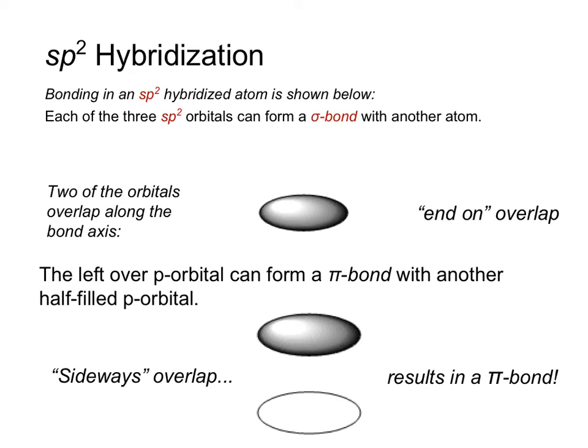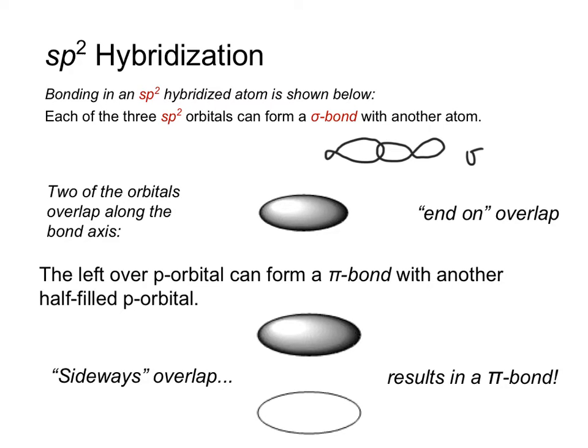And so each of the sp2 orbitals can form what we would call an end-on overlap. In other words, we might have an sp2 orbital coming out like this, and then possibly a p orbital like this in order to form a bond, and this would be our sigma bond.